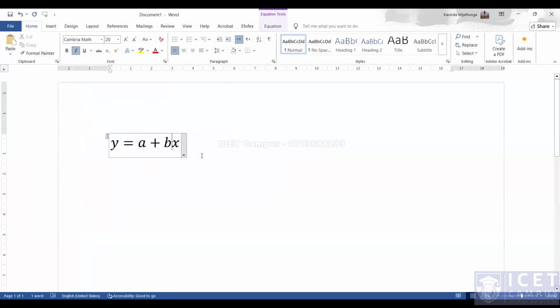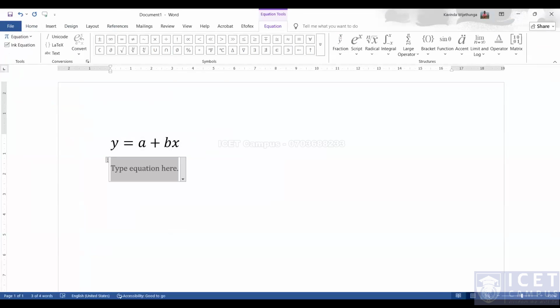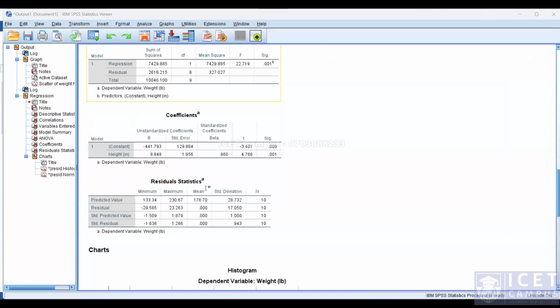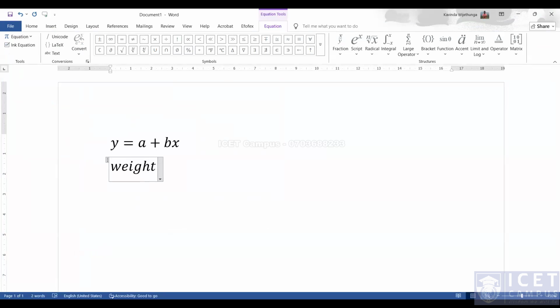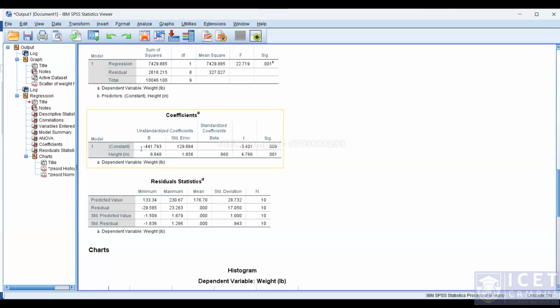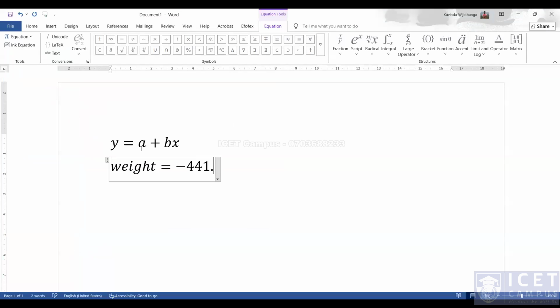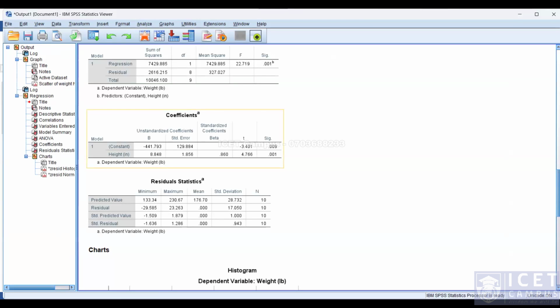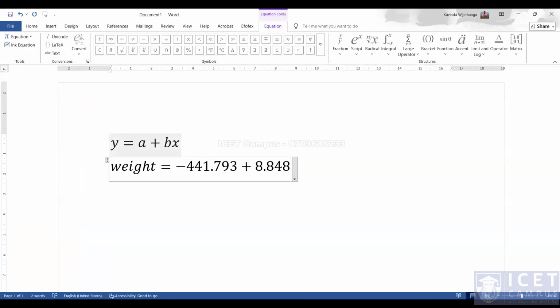Our dependent variable is the weight. So therefore, y means weight equals negative 441.793, that is the constant given here, plus the gradient 8.848 times x.